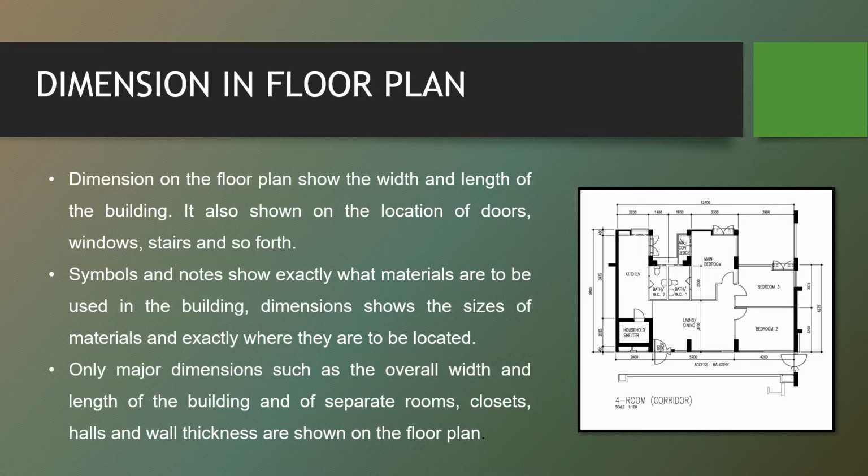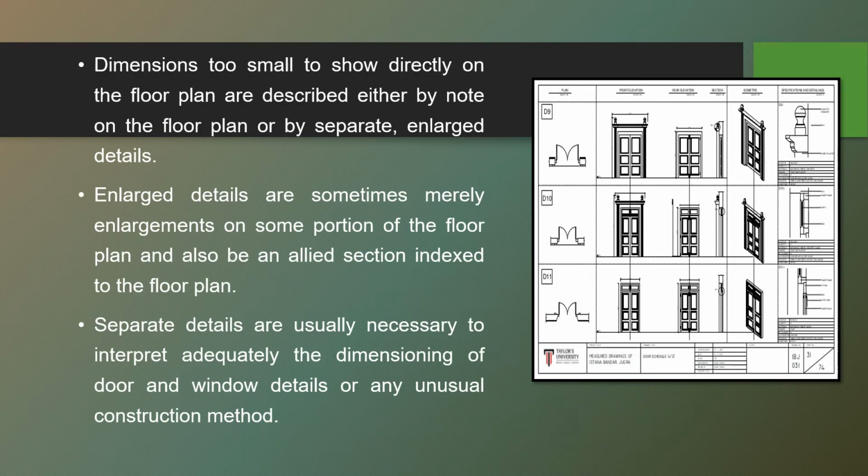Only major dimensions, such as the overall width and length of the building and separate room, closet, hall, and wall thickness, are shown on the floor plan. The dimensions too small to show directly on the floor plan are described either by a note on the floor plan or by separate enlarged details.